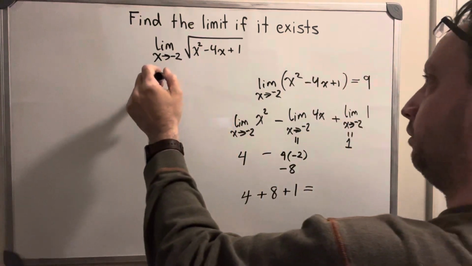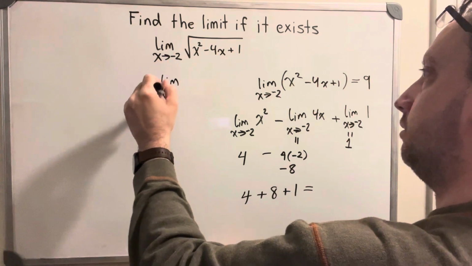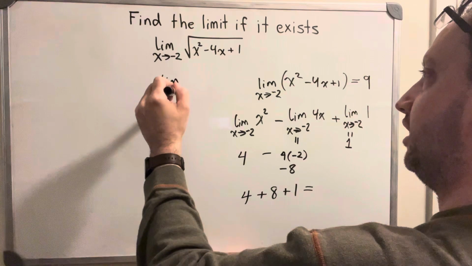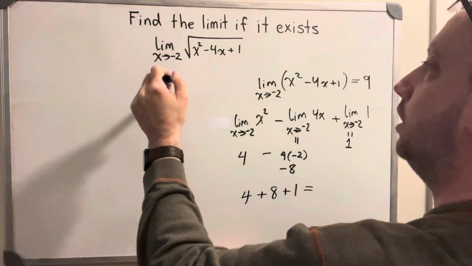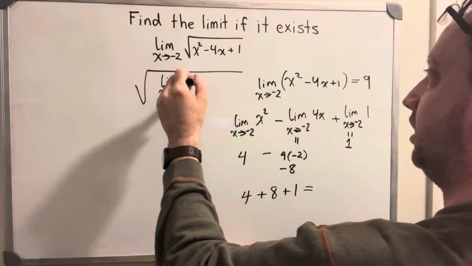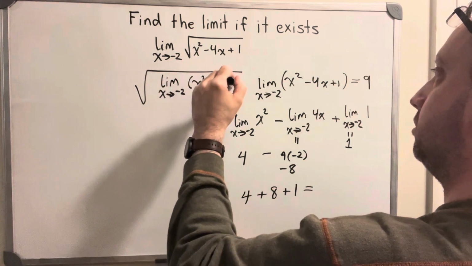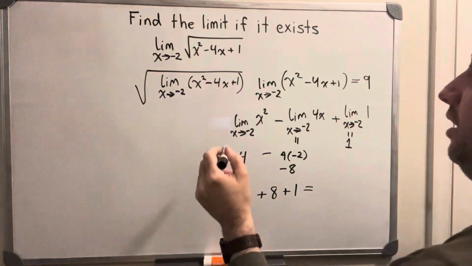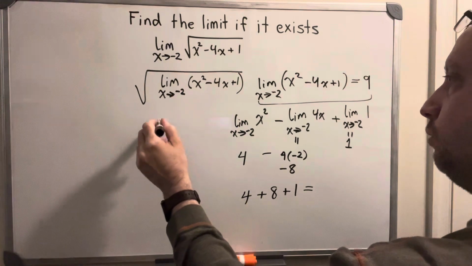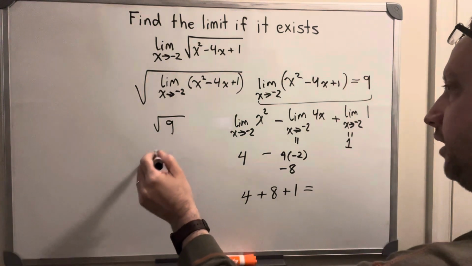That means that we can say that this is equivalent to the limit as x approaches -2, the square root of the limit as x approaches -2 of x squared minus 4x plus 1. And we just proved that this is 9. So the square root of 9, the answer is 3.